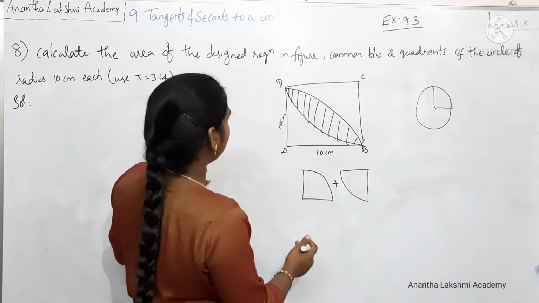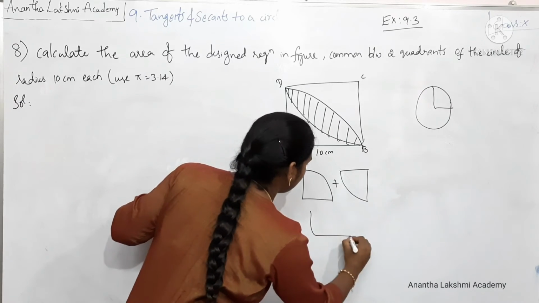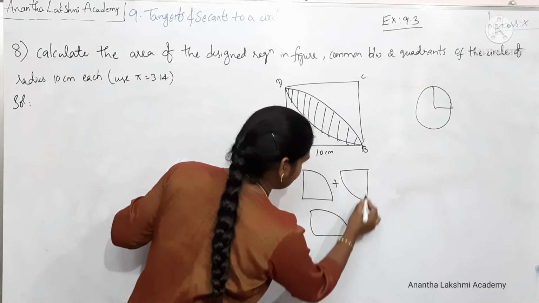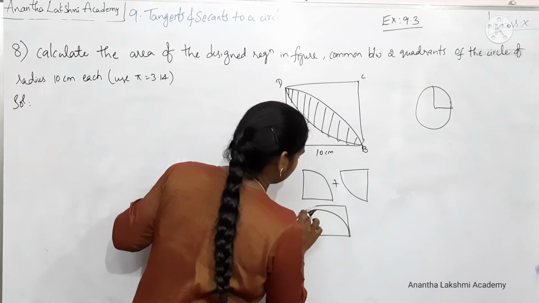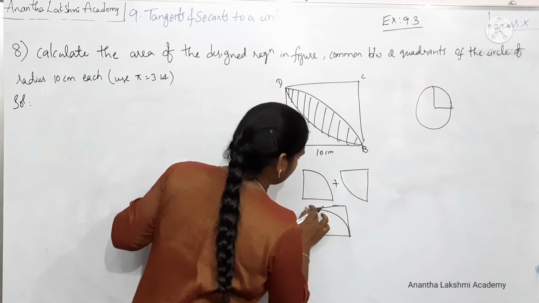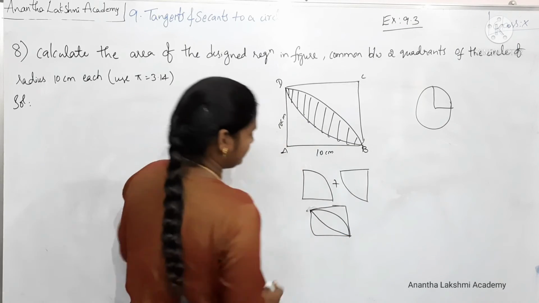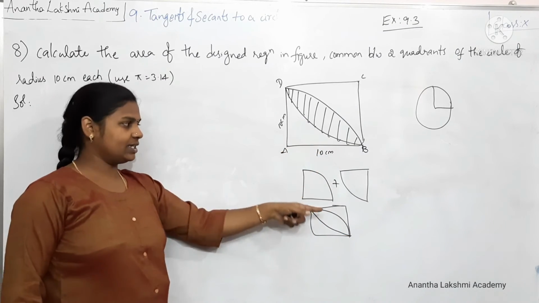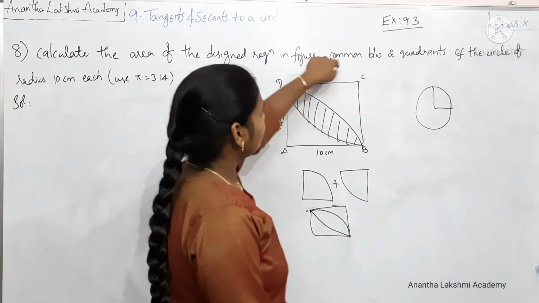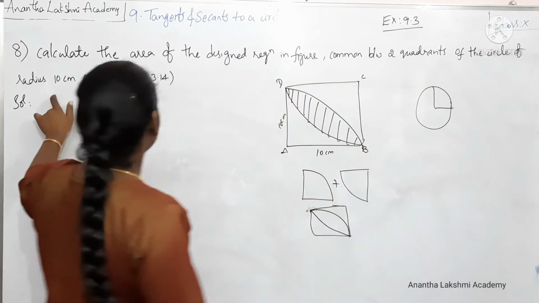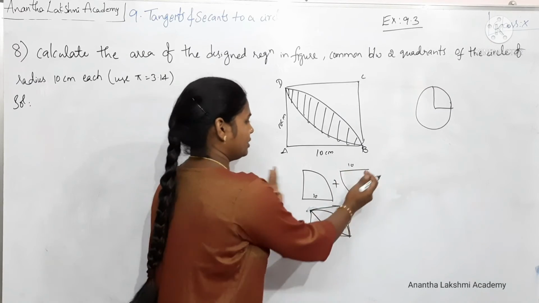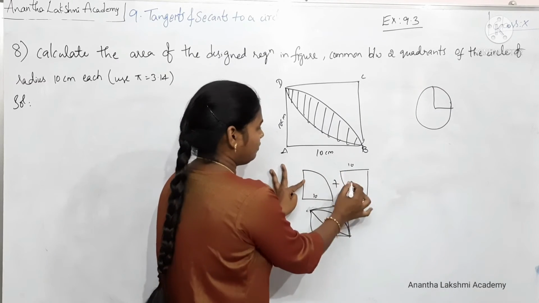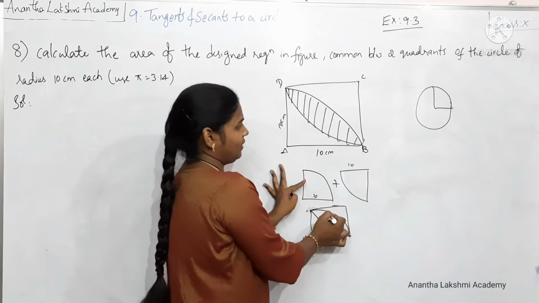Which got overlapped, so that way it has become like this. That's how we ended up with this figure. It is common between two quadrants of the circle of radius 10 centimeters each. This radius is 10 centimeters, this radius is also 10 centimeters. When we linked these two, it was forming this particular figure.